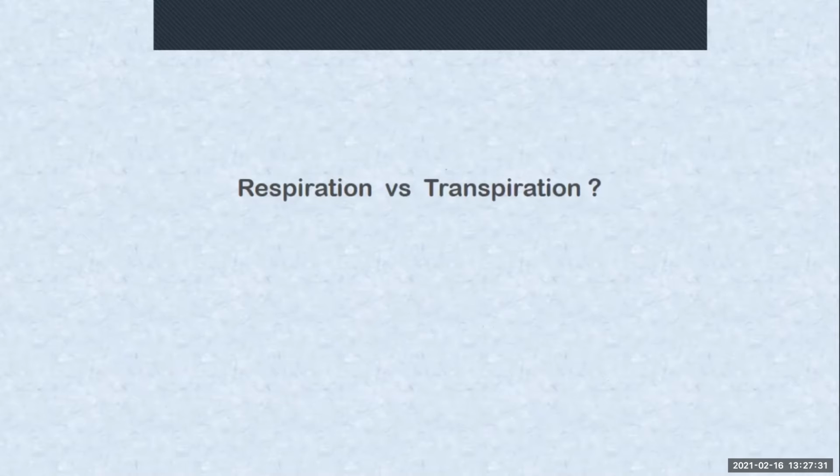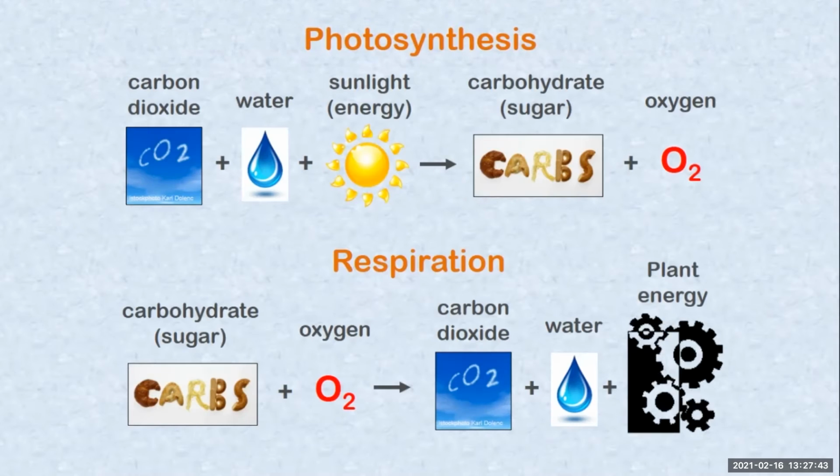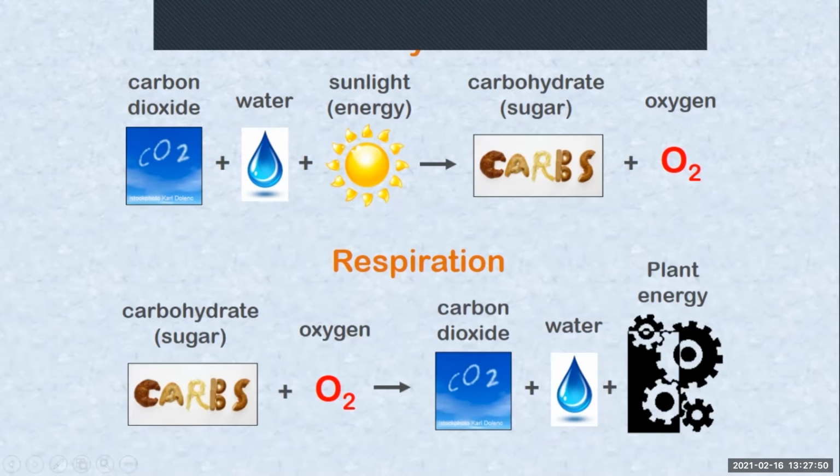All right. Now, here are a couple of terms that confuse people sometimes, so I thought I'd point this out: the difference between respiration and transpiration. Going back one here, respiration was sort of the reverse of photosynthesis. It requires oxygen. We talk about respiratory diseases. That means diseases of our lungs.